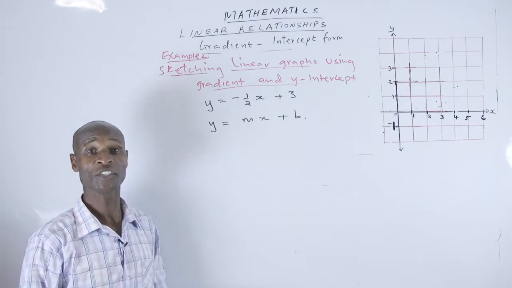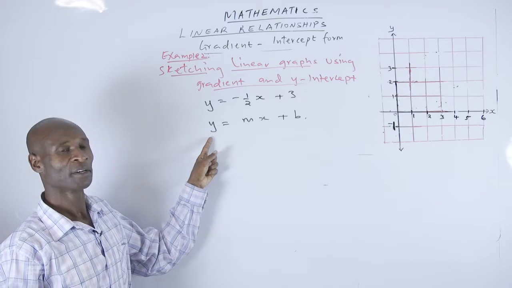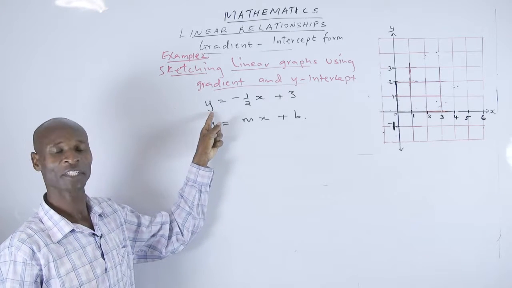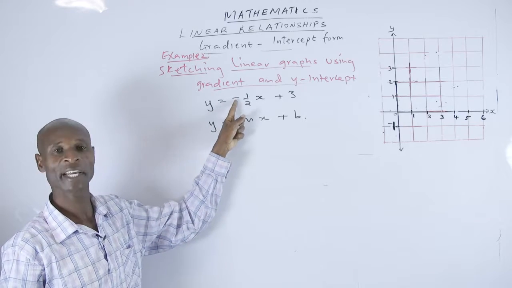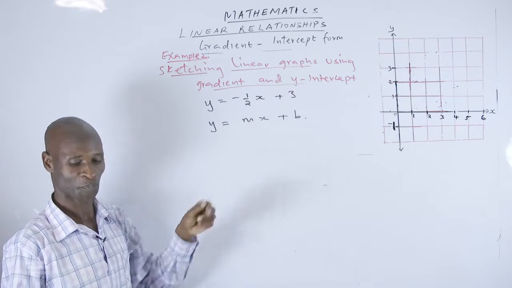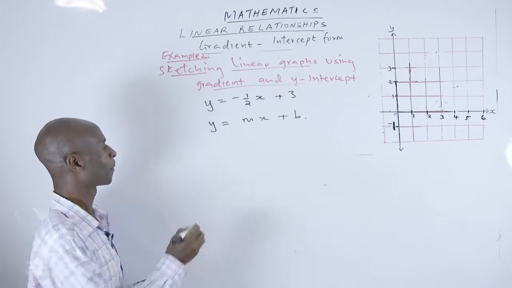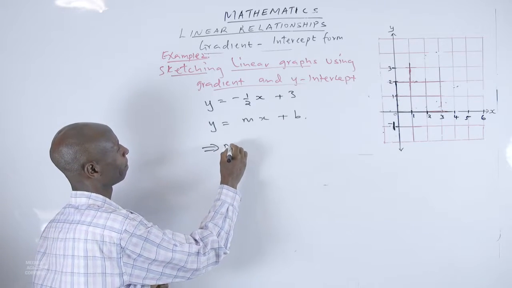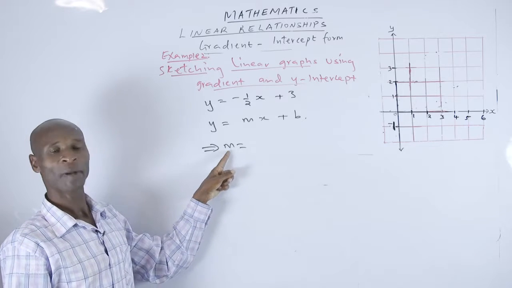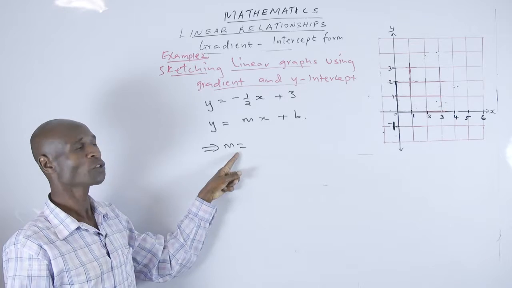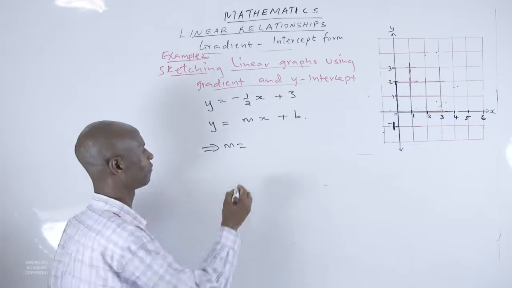So at that point, we compare y is equal to mx plus b with our relation that we have obtained, y is equal to negative a half x plus 3. If we compare correctly, it implies that m, which represents gradient, is equal to negative a half.